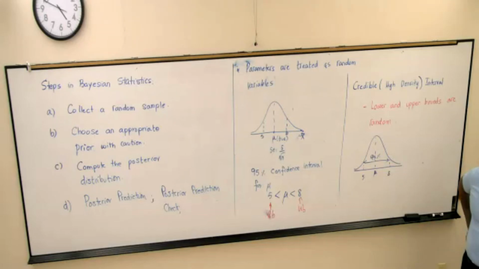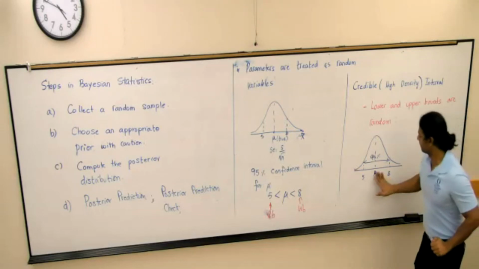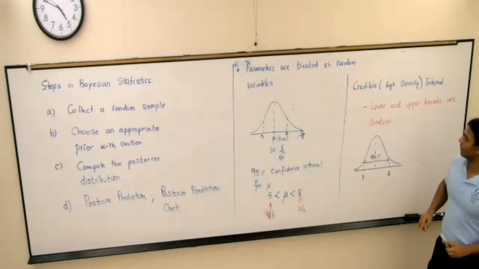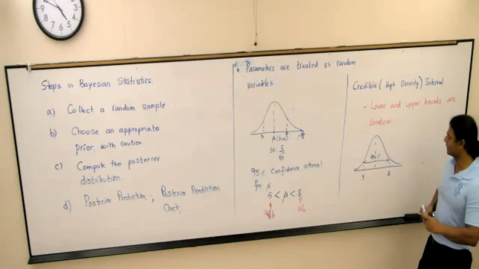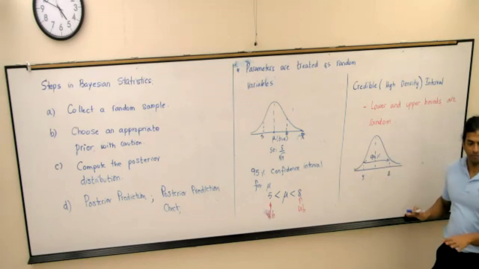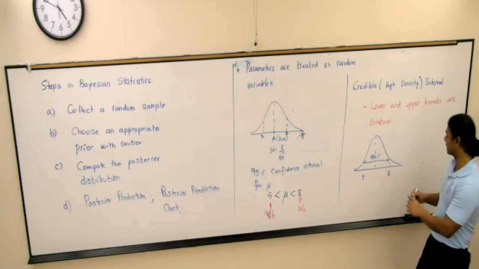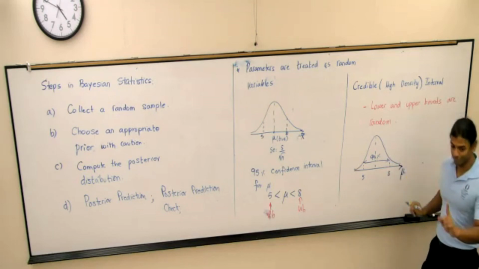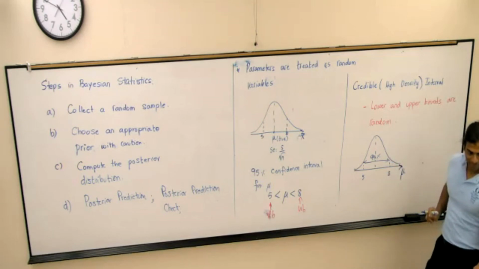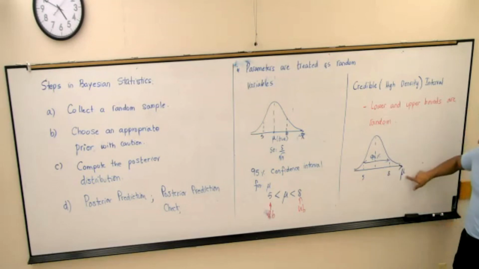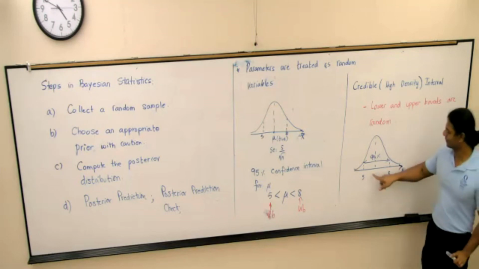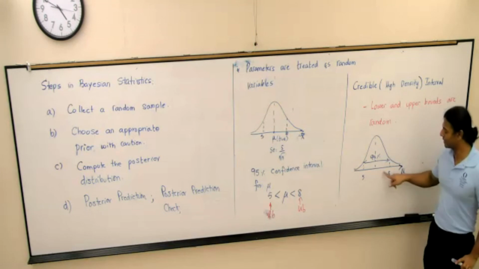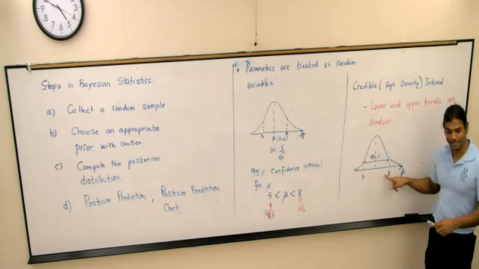Right. But that one has a prior to it, whereas that one doesn't necessarily. Right. And the true value will lie between 5 and 8. And this is actually for mu, not X bar. So the actual mu that you find is more likely to lie between 5 and 8.